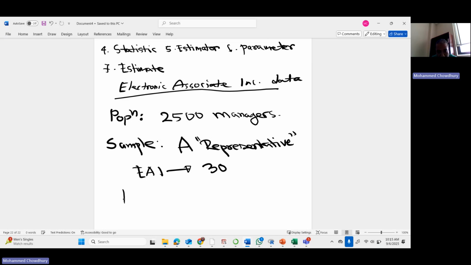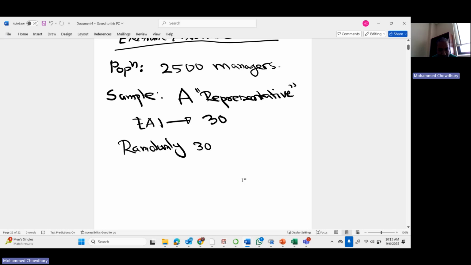What do you mean by randomly? Randomly means each unit of the population of size 2500 has an equal chance of being included in the sample. If I pick randomly 30 of them, how can I do it?